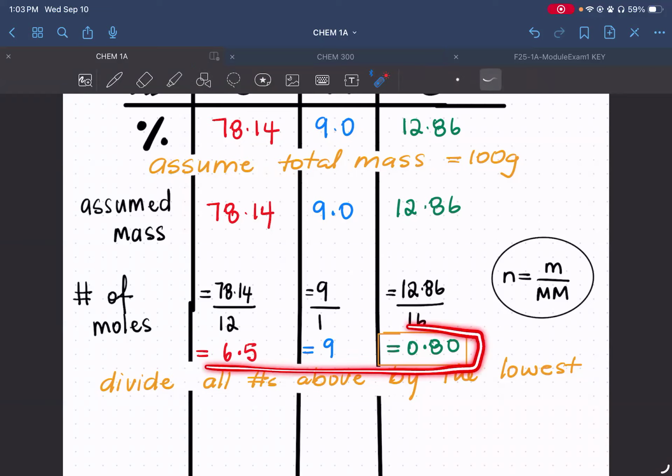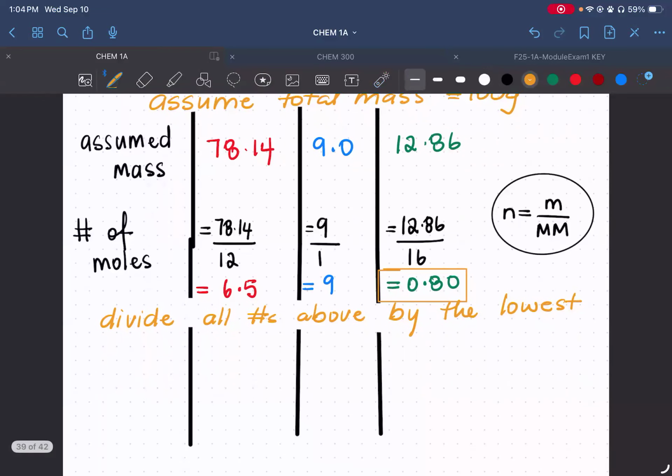Of the three numbers, we're going to divide all of them by the lowest number, which we quickly identify as 0.8. This is what gives us the ratio: 6.5 divided by 0.8, 9 divided by 0.8, and of course, 0.8 divided by 0.8.